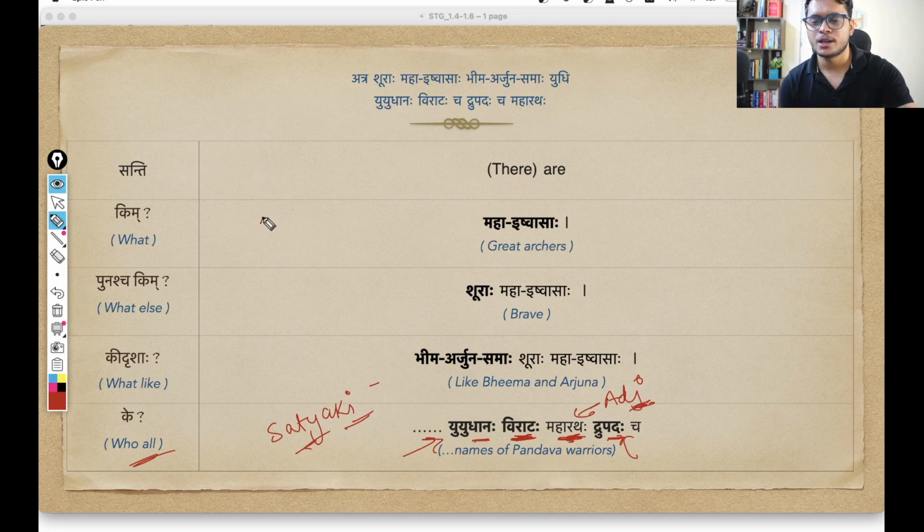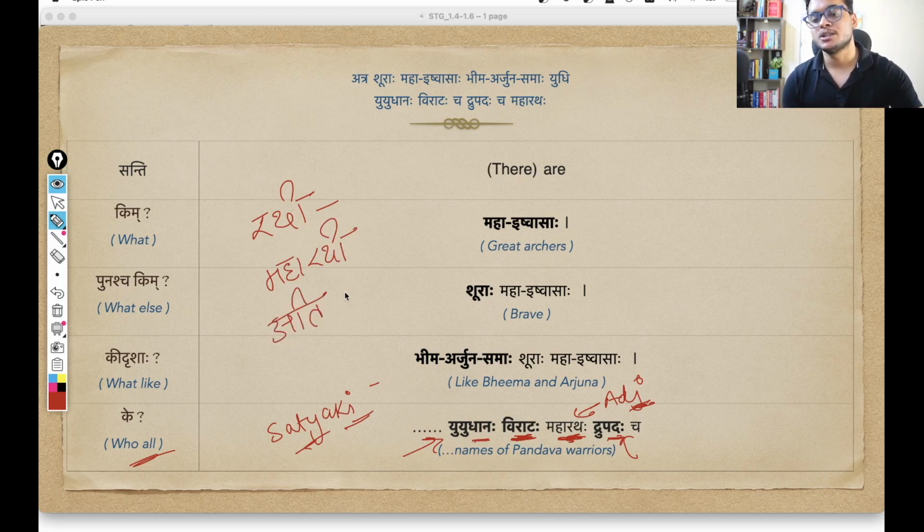So some warrior rankings are very common, like Rathi. So Rathi, this is a very common ranking. Then after this, there comes Maharathi. Okay, and after Maharathi, you also have Ati Maharathi or Ati Rathi. So these are just simply different ranks for the warriors, based on how skillful a warrior is. A lot of soldiers, a lot of warriors fall under this Maharathi, a lot of prominent soldiers.